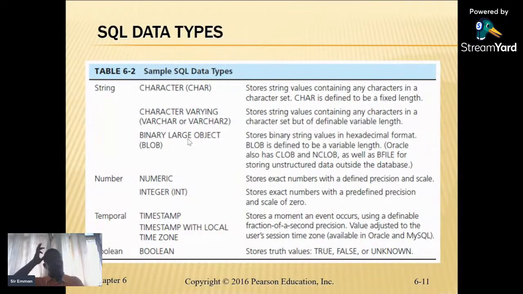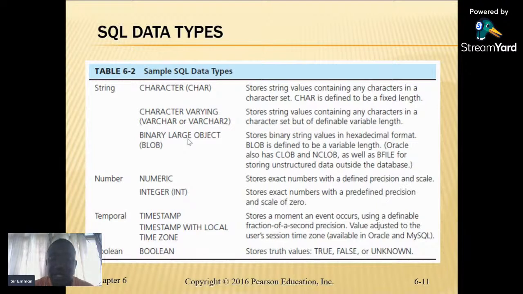Based on the table, one of the purposes of the DDL is to specify data types of each of the attributes, where we have the columns or fields of a table. Now, this table shows some of the common data types, but there are many others. So we have strings, numbers, temporal, and boolean. For strings, we are looking at characters, and there we usually say CHAR, C-H-A-R, meaning the entry will be a character.